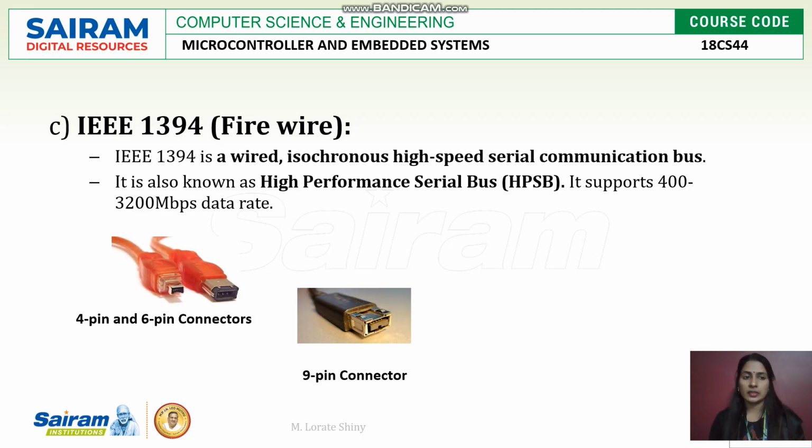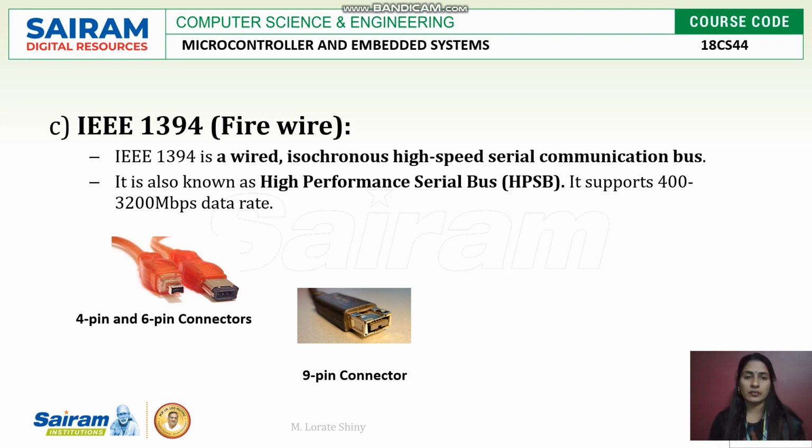Then the next one is IEEE 1394 FireWire. It's a wired, isochronous, high-speed serial communication bus, also known as the high-performance serial bus. It supports 400 to 3200 Mbps data rate.